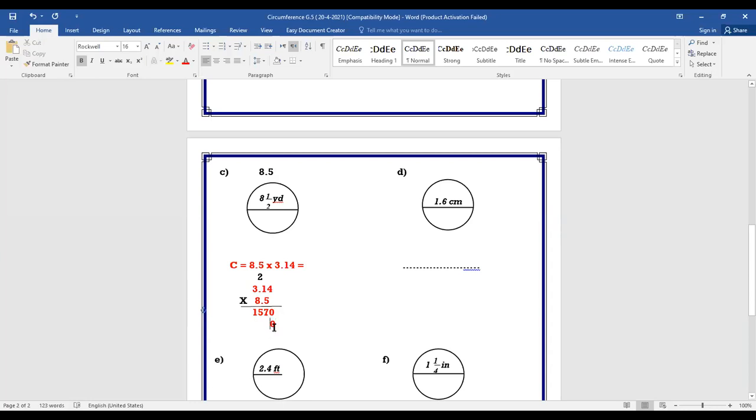Multiply by 8 now. 8 multiplied by 4 equals 32. 2, carry up 3 over 1.